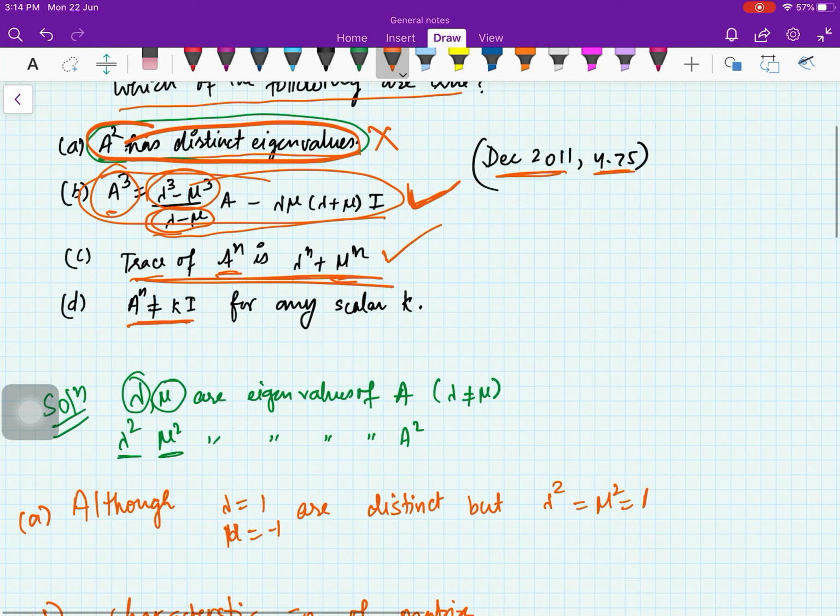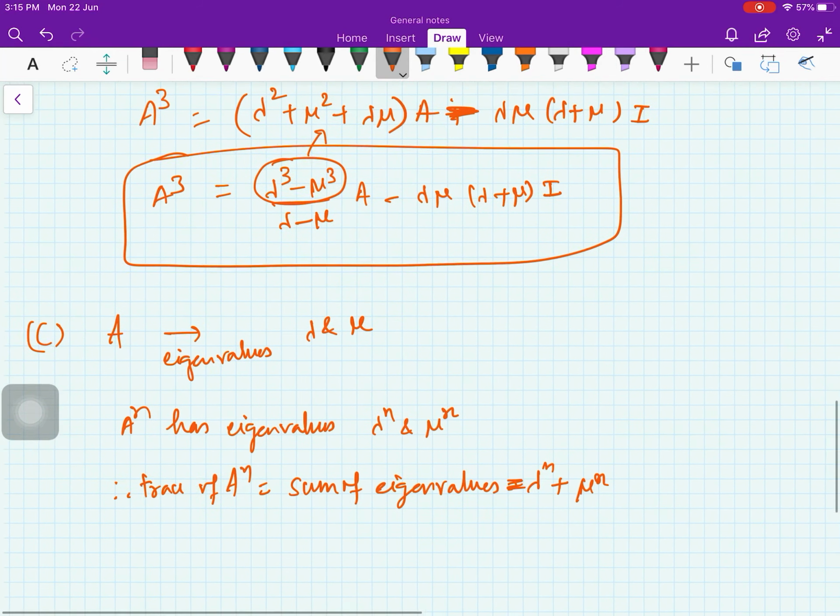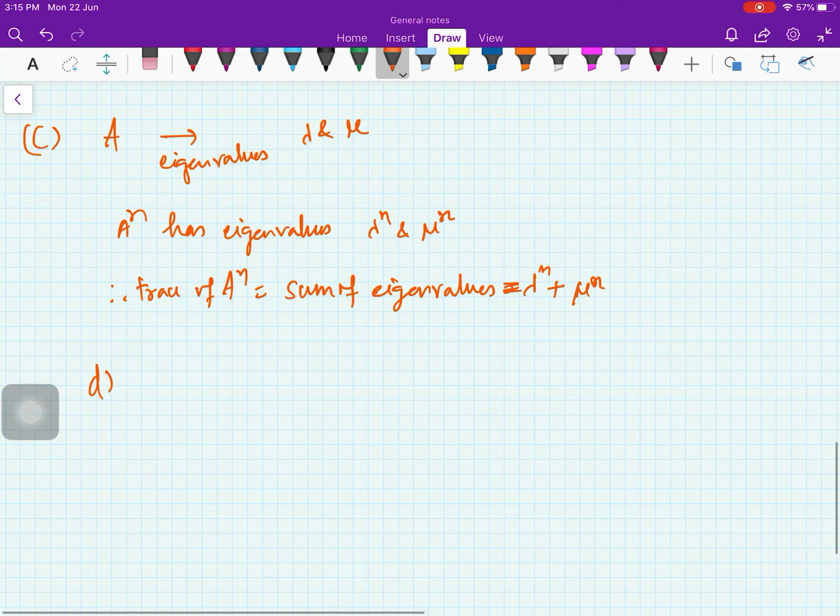Now let us look at the last part, D part. Think about this: is there not any scalar k such that A raised to power n is equal to kI? This is very simple, because the only information given to you is that the eigenvalues are distinct. So you can take a simple matrix, and we are talking about a 2 cross 2 matrix. You can take a very simple matrix, 1, minus 1.